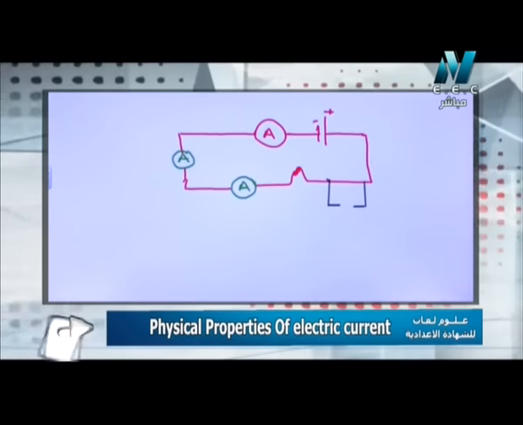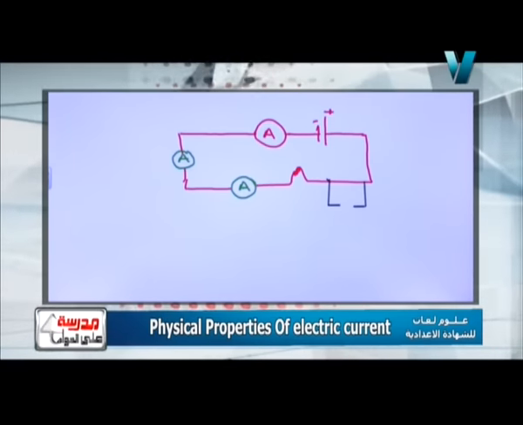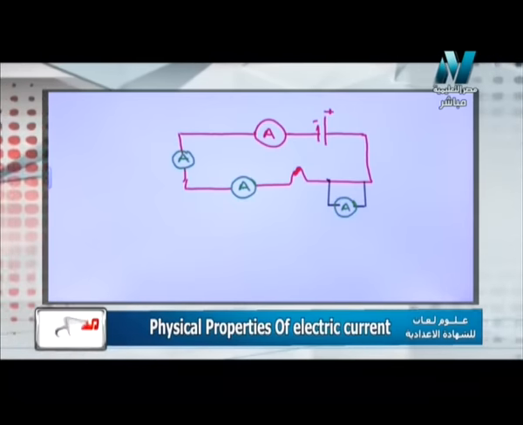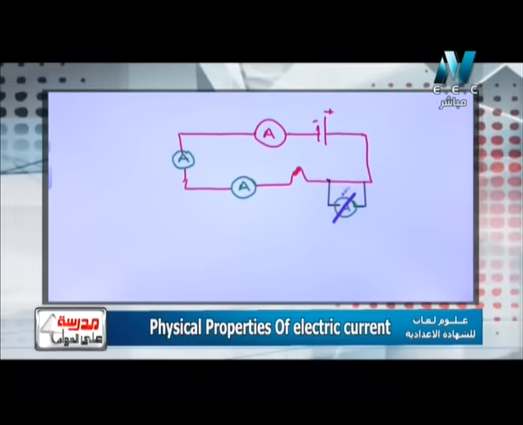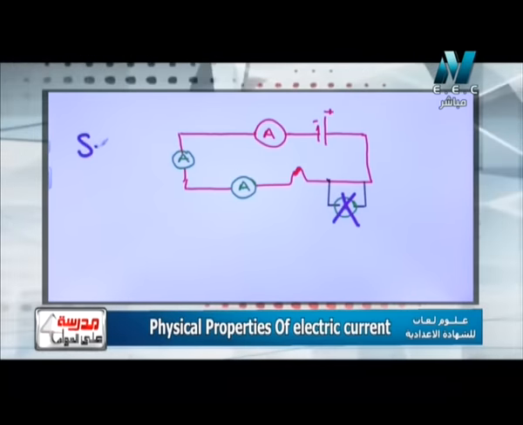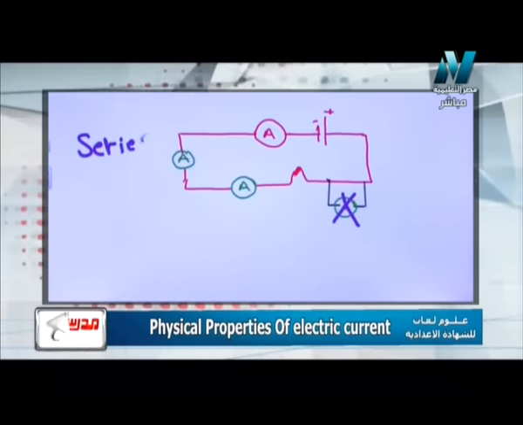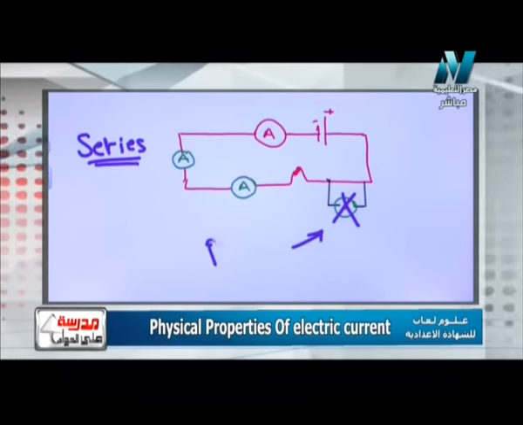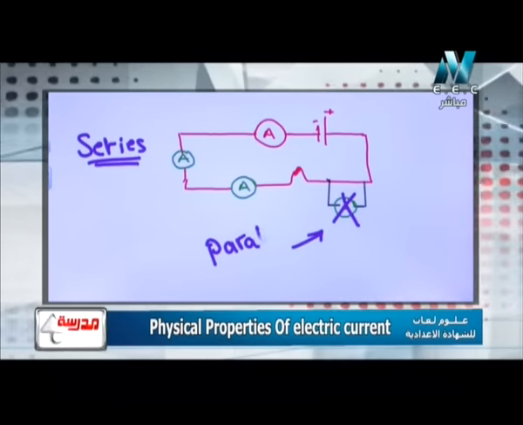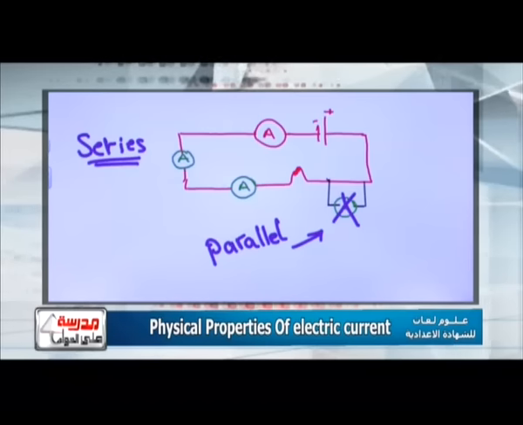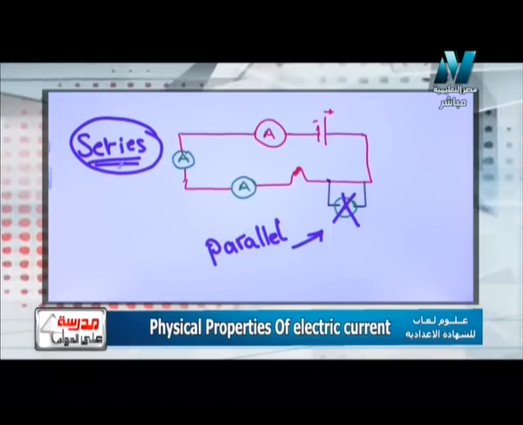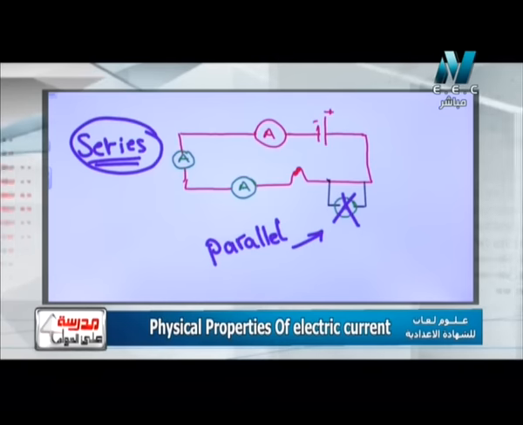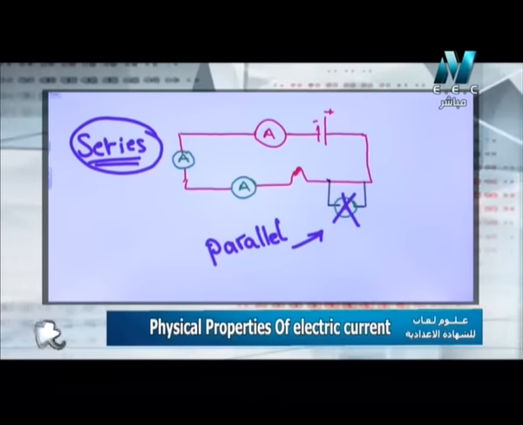Completely wrong to put a meter in this place. اقول له لا، wrong. Why? Because we talk about what? Series connection, not parallel. Okay, dear students? So we know now the way of connection of the ammeter in the electric circuit to measure the electric current intensity.